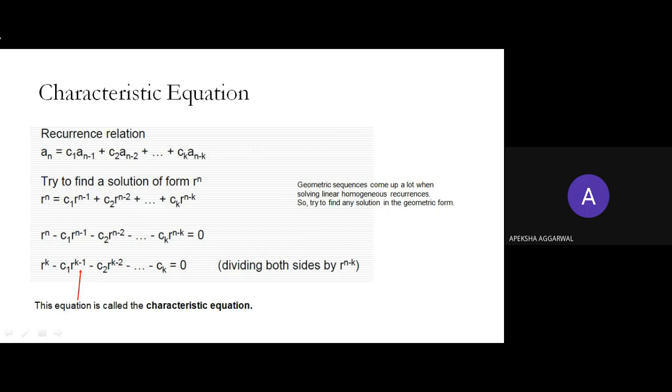You divide all the terms by r to the power n minus k, so r to the power n minus k is n minus 2 here. If the recurrence was of the form a_n equals something times a_(n-1) plus something times a_(n-2), you just divide it and you get the basic equation, the first equation. So that is your characteristic equation.